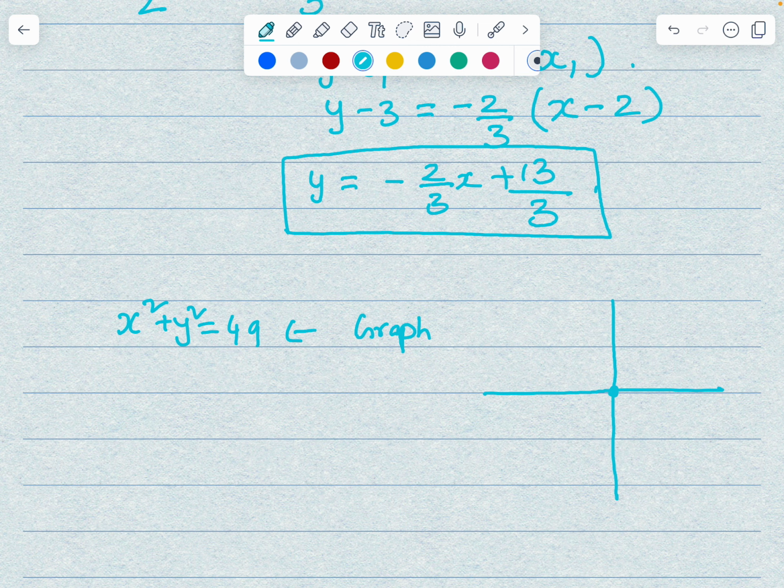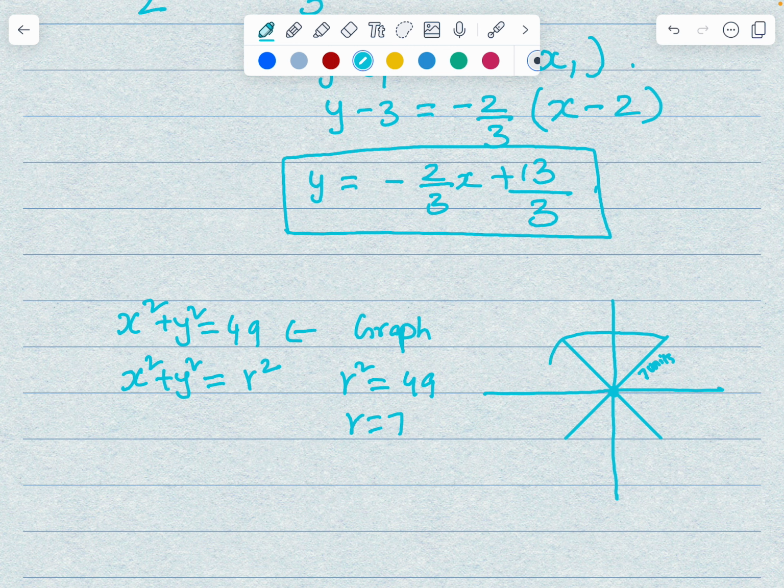And if it's 49, let's write it in the form that we know, r square. What of r square is 49? You know r is 7. So this distance should be 7 units, and everything here should be 7 units, 7 units, 7 units, and then you draw a circle which is 7 units. Something like that. Just be more precise, but like this would be 7.